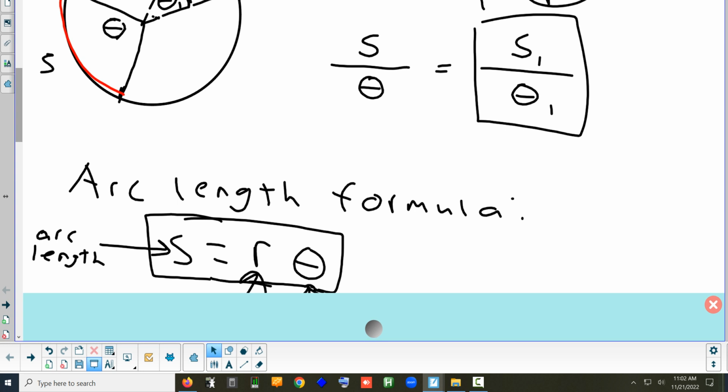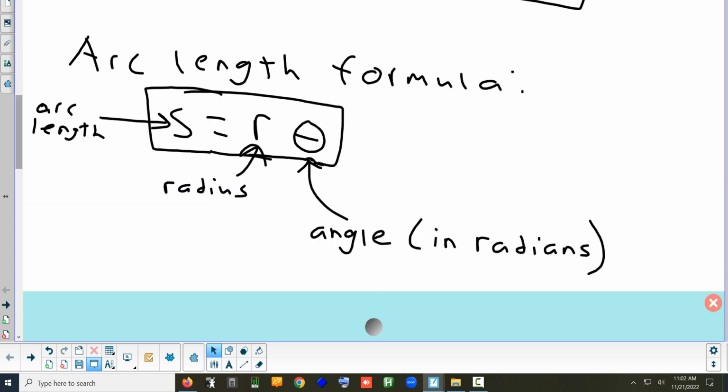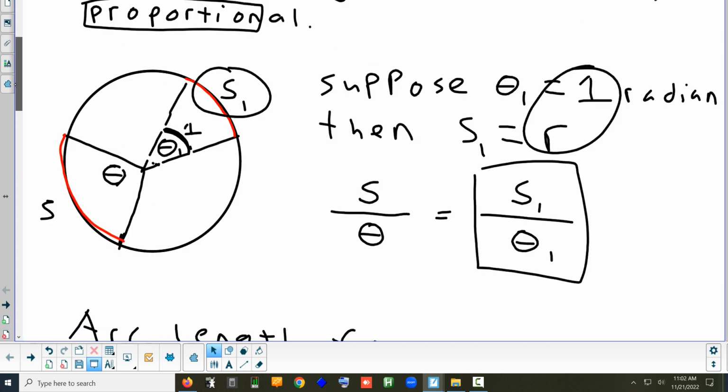So the formula has 3 variables in it. The first one is S, that's your arc length. R is your radius. And theta is your angle. But we have to be careful about the units. When we came up with a true fact between angle size and arc size, we used a fact based on radian measurement.